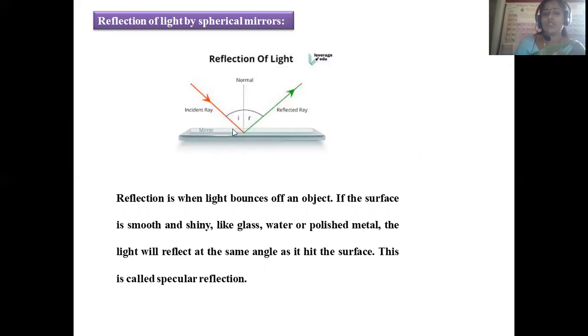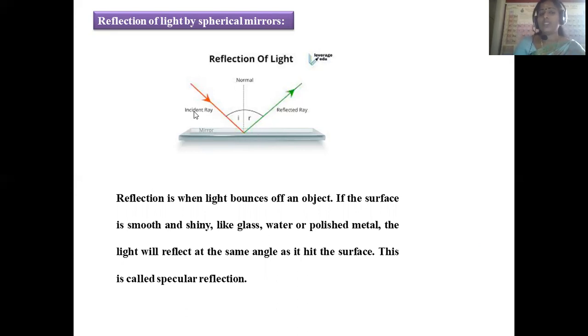Because it is not possible to go through, since we kept an object there to change its angle, when incident light touches the surface of a mirror, for example, it turns its direction and passes through a certain angle.